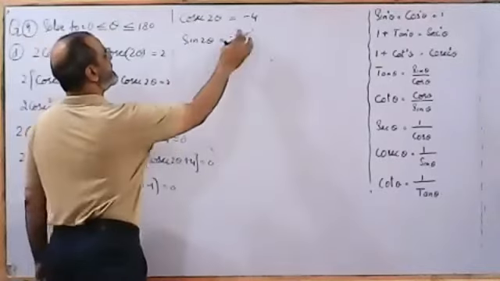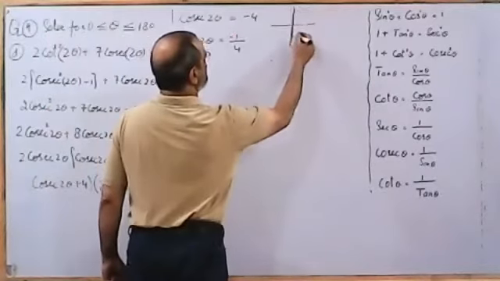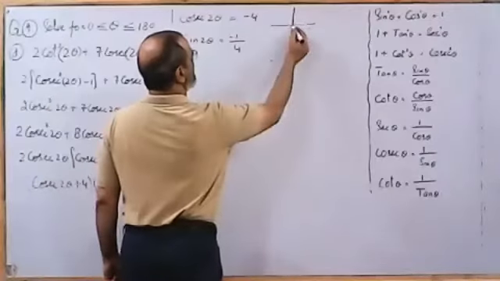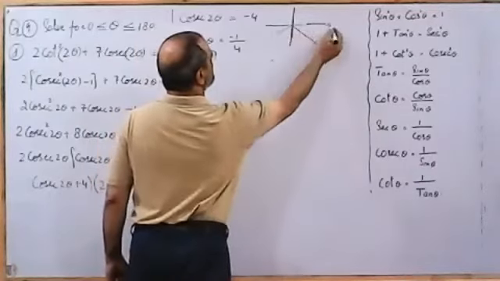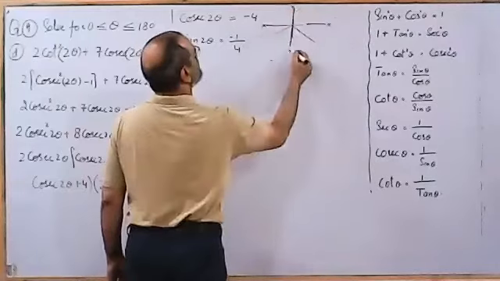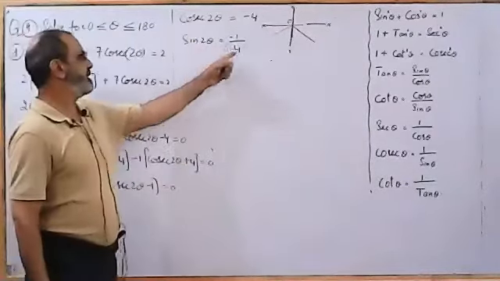Sine is negative. It means theta lies in the third and fourth quadrant because sine is negative.